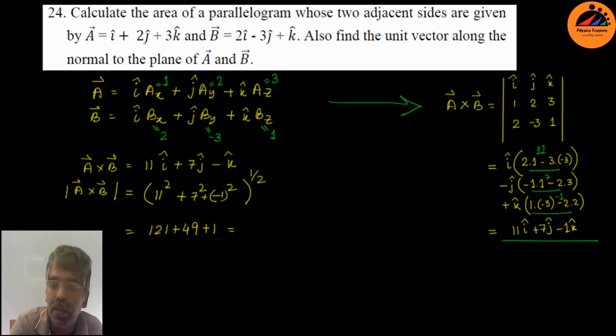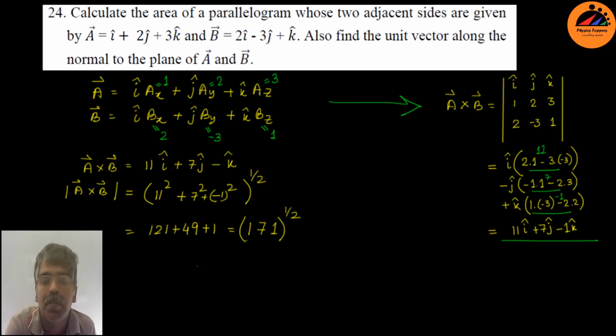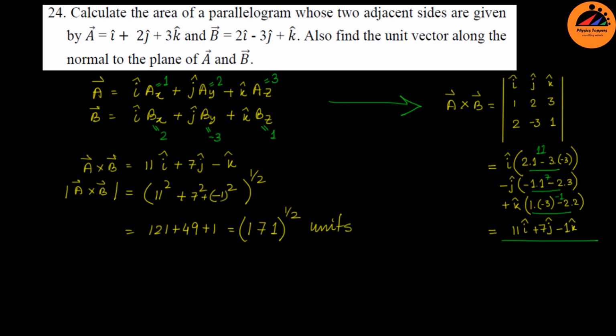So that is how much? 121 plus 49 is 170, plus 1 is 171. So 171 to the power half, whatever unit it is. If it is length, then it's length square, so naturally it's the area, so unit square, units, that's all.